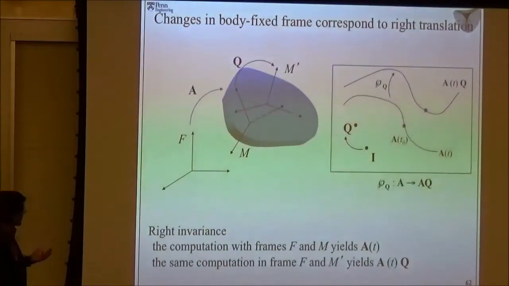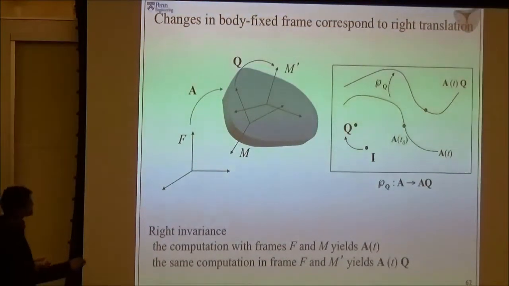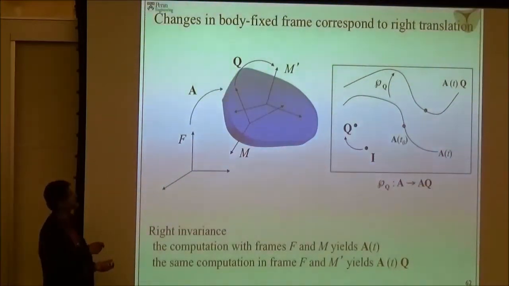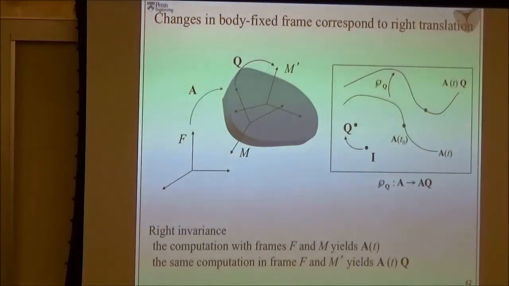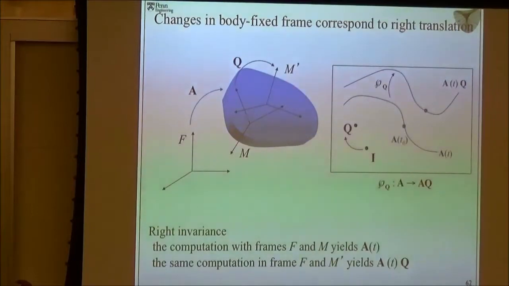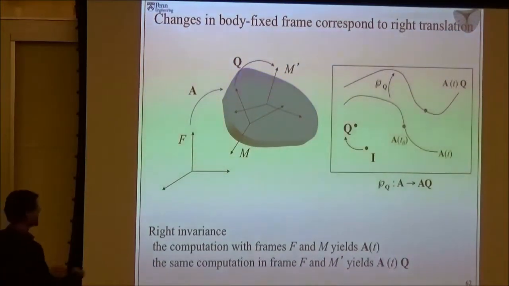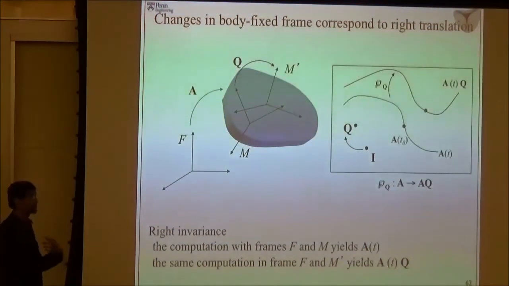Likewise, I can think about right invariance the same way, and this has to do with the changes in reference frames. So if I pick F and M and I calculate the trajectory turning out to be A of t, if I change from M to M prime, I'm going to get a different trajectory, and that trajectory better be A times Q. If it's not, then my computation is not right invariant. So those are the two key invariance principles that you want to be thinking about.